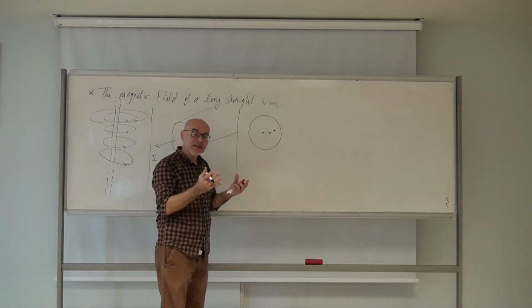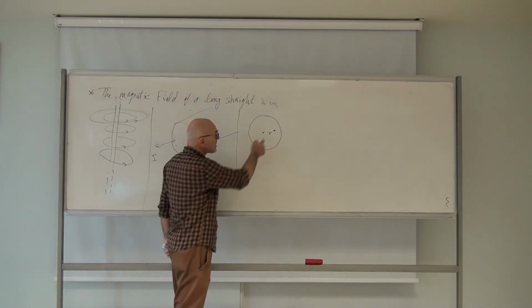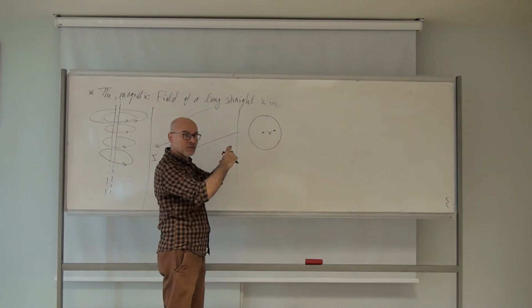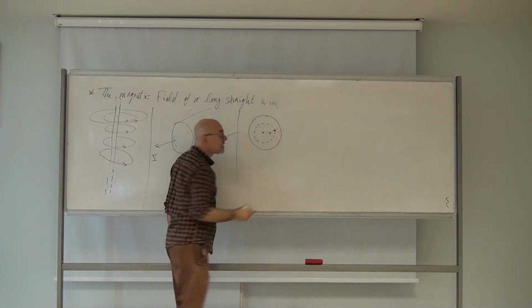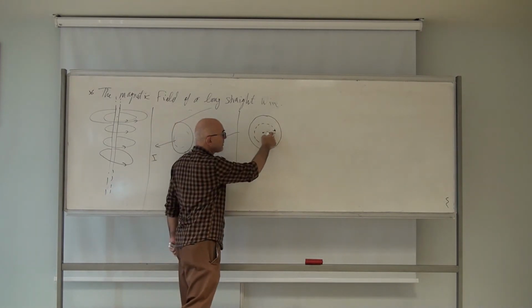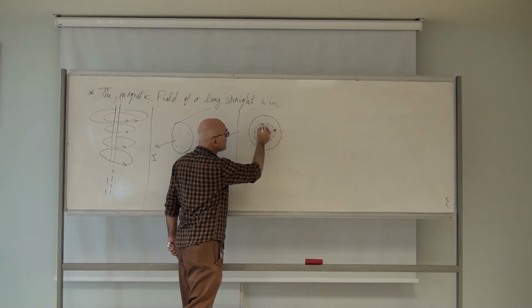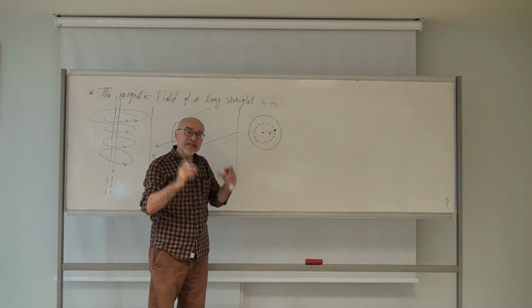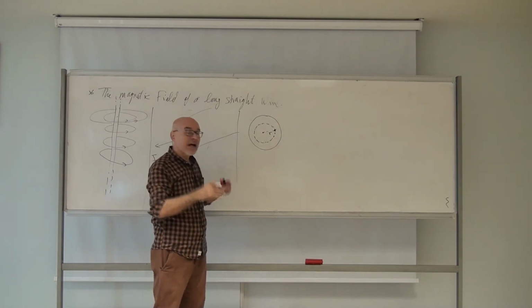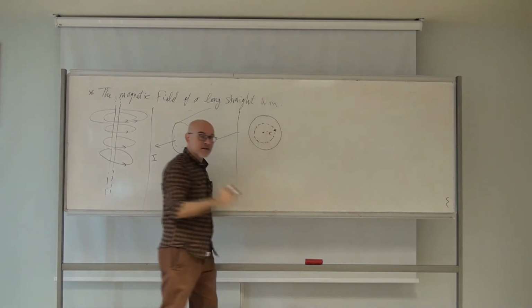First, look at the symmetry and tell me what should be the contour that I'm using. Because the current is uniformly distributed over the whole area, if you consider a circle centered at the axis of the wire, then from symmetry alone, because you see the same current environment over all the points on a circle, the magnitude of the magnetic field can only be constant on all points in this circle.